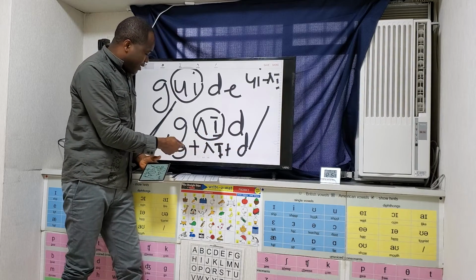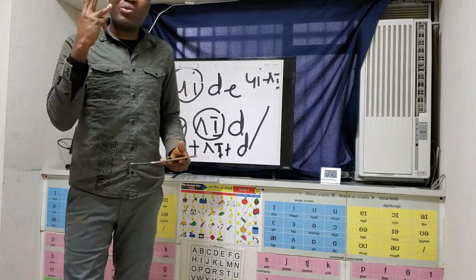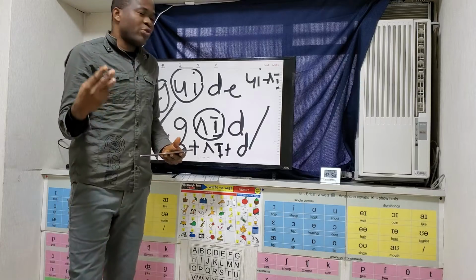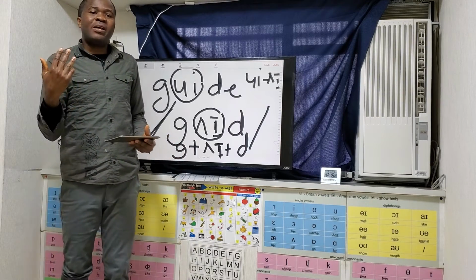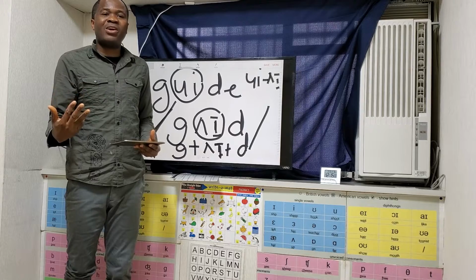We have G, I, and D. So we have 3 phonemes. A phoneme is a sound in a word.